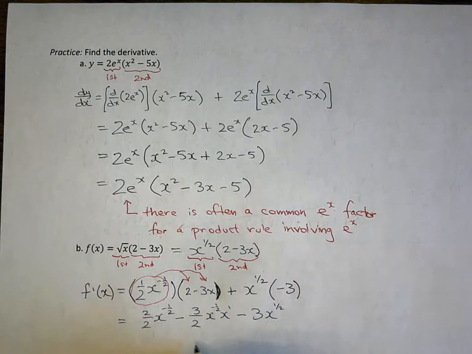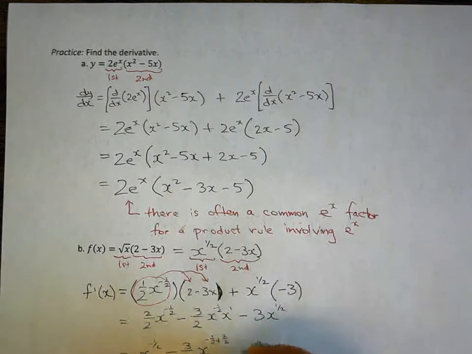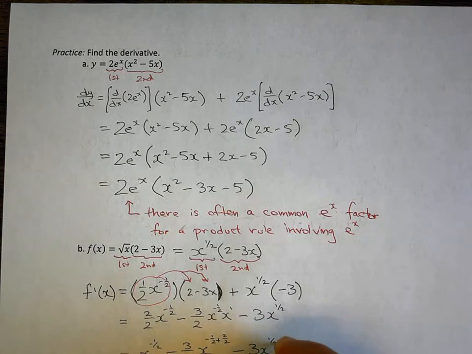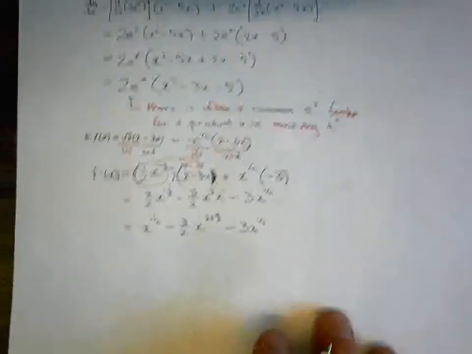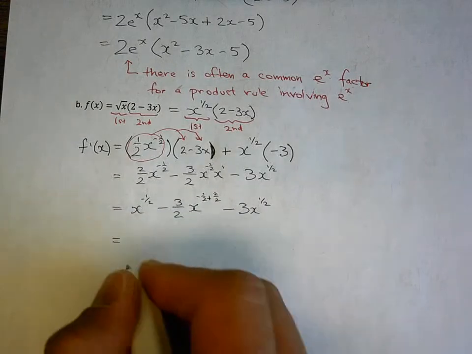Okay, so now the 2 over 2 is just x to the negative half. This becomes negative 3 over 2 x to the negative half plus 2 over 2 minus 3x to the half. Oh my god, you can't see anything. Just a little bit of algebra here, right? It's a little bit of an algebra pain.